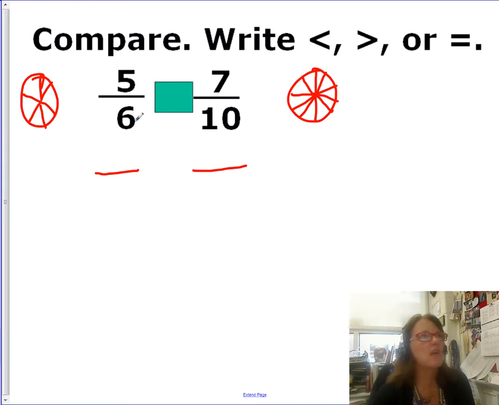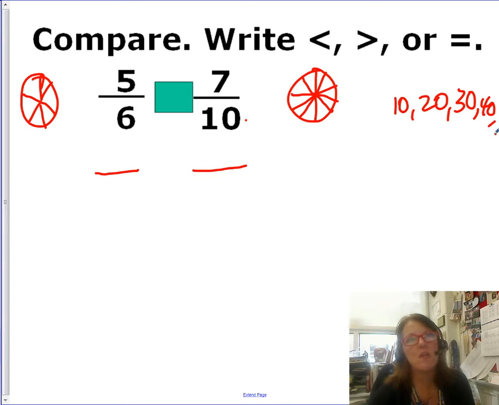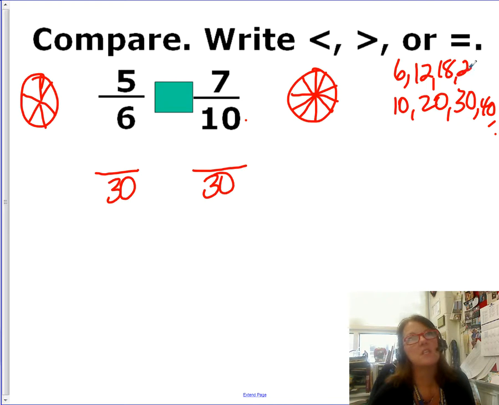So if we can get a common denominator, so you're thinking, let's see, if I think my multiples of 10, 10, 20, 30, 40, 50, 60, and so on, which one of those denominators would work with the 6? Aha! 30 is the first one that works, because if I start doing multiples of 6, 6, 12, 18, 24, 30, shazam.